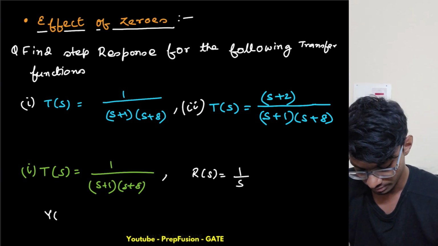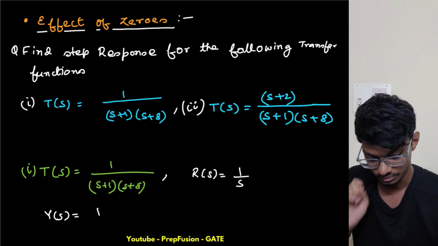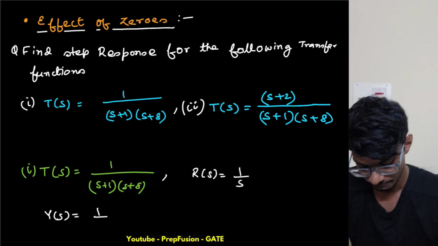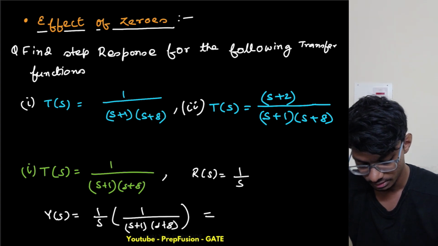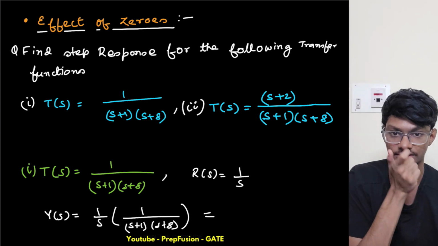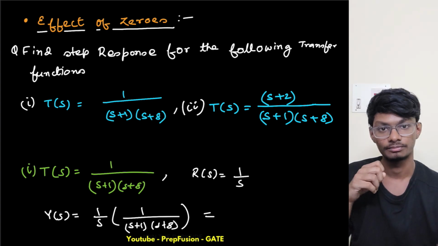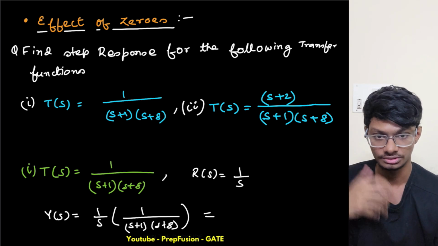So what is my Y of s equal to? My Y of s equals simply 1 over s divided by (s plus 1) into (s plus 8). Now again, we will use partial fraction decomposition, right? So if I do partial fraction decomposition, what do I get?